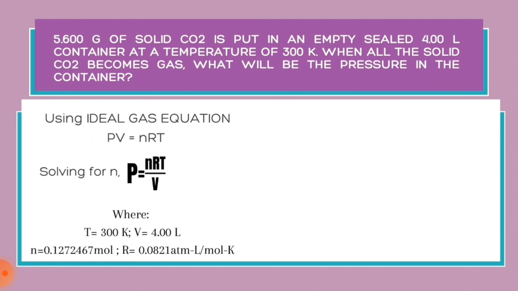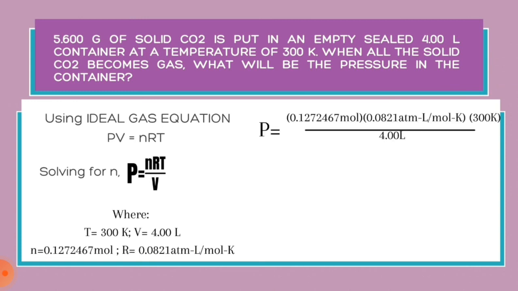So finally, we found the value of n. Let us proceed to finding the pressure. The pressure, P equals nRT over V, where the temperature is 300 Kelvin, the volume is 4 liters, n is 0.1272467 mole, and R is 0.0821 atm-L over mole-K.